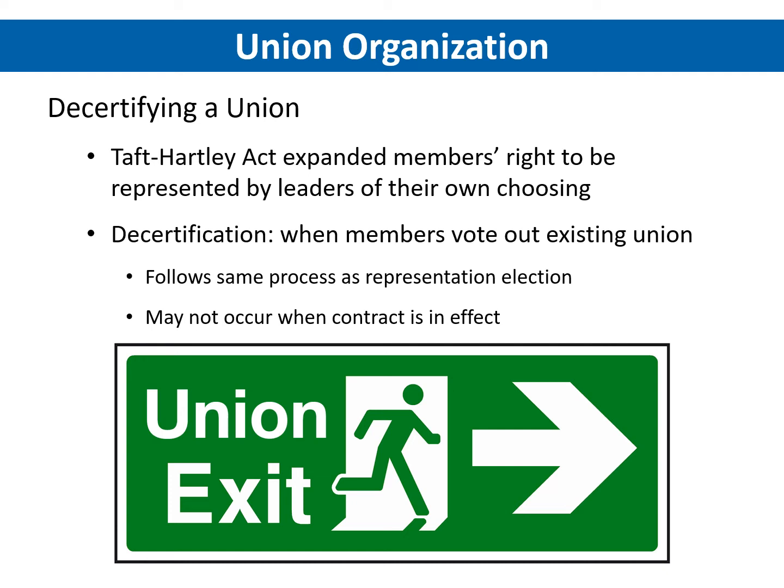It has to be done 60 to 90 days prior to the expiration of the current contract. But if you get 30% of the employees petitioning for a decertification election, the NLRB will hold a decertification election. Now, if the majority of the employees vote against the union, the union will be decertified and will no longer represent the employees.